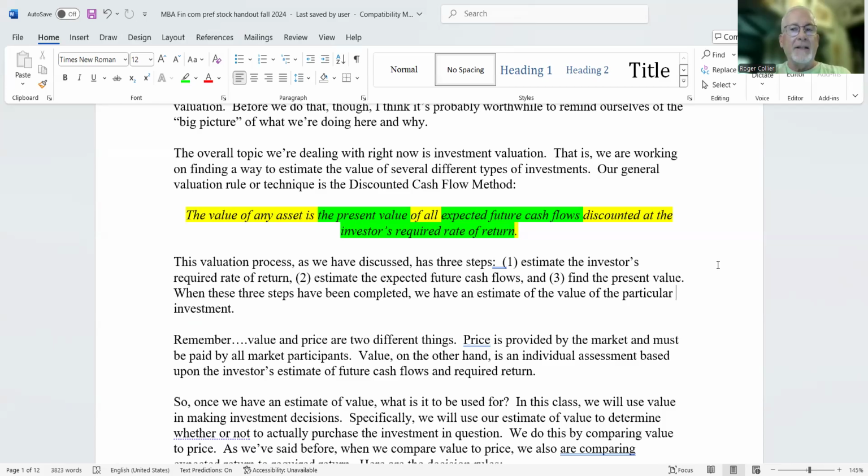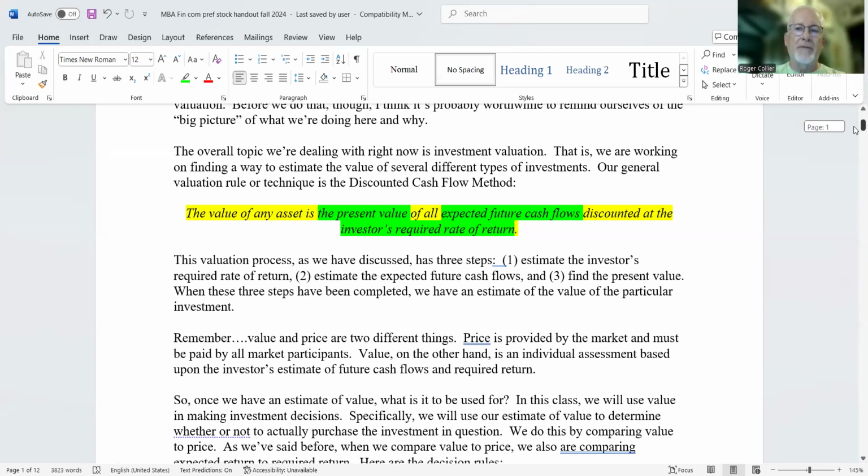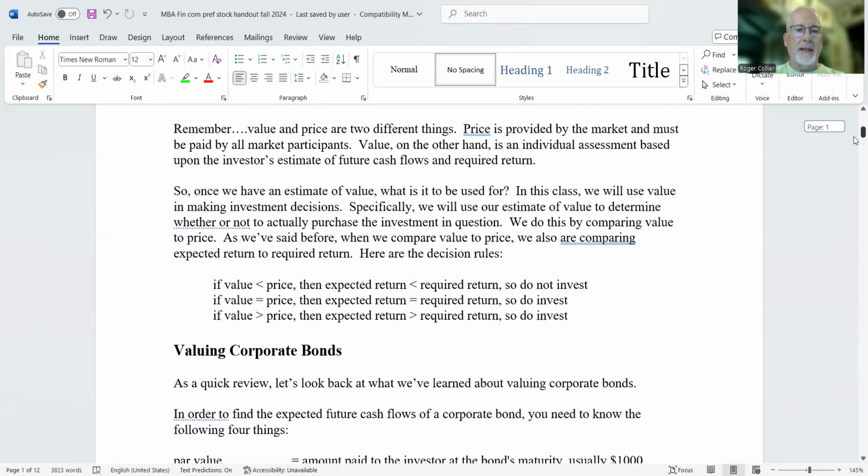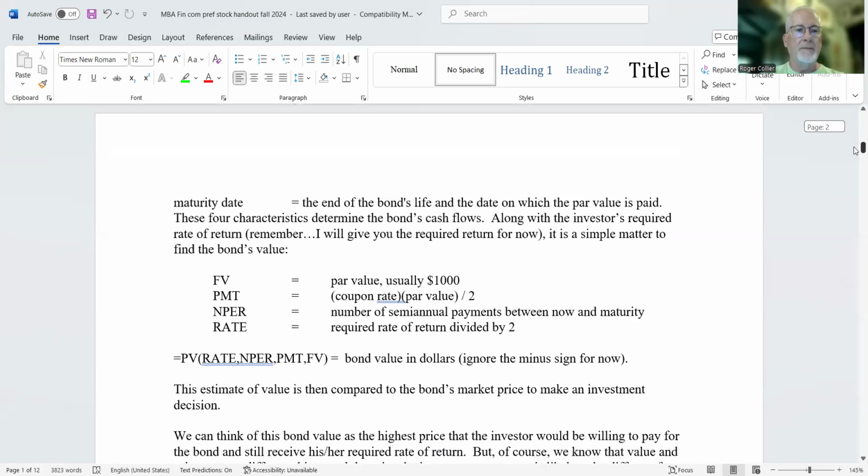All right, find the expected future cash flows. I'll give you the required return, put them together and find present value. Now, we started with bonds because that was the most straightforward for finding the expected future cash flows.